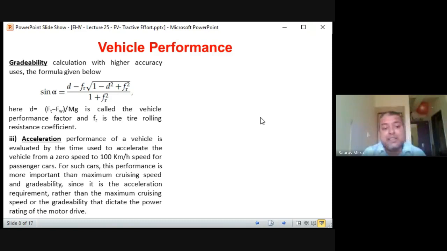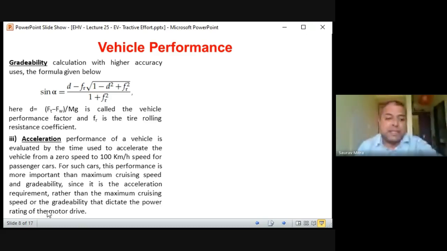So in that case this acceleration characteristic is more important than the cruising speed and gradability. Since it is the acceleration requirement rather than the maximum cruising speed and gradability that dictates the power rating of the motor drive, because acceleration dictates what the power requirement of the motor should be. And for an electric vehicle, the motor power requirement and how much power the battery can supply, these two are the most important parameters.